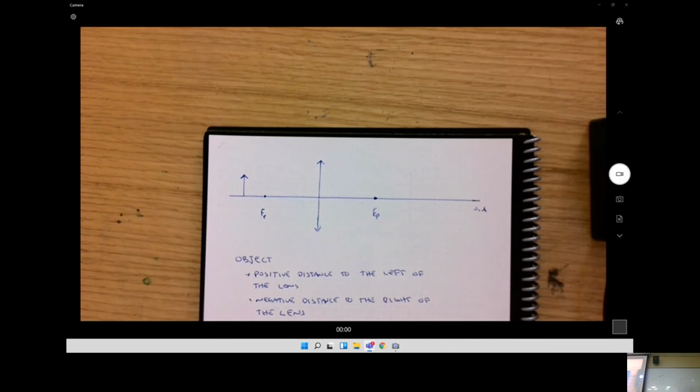Okay, so this technique to calculate where the image is going to be formed was developed by the Greeks. It's basically based on geometry, but we still use it. Basically every single software that we use for optical design is based on this technique.